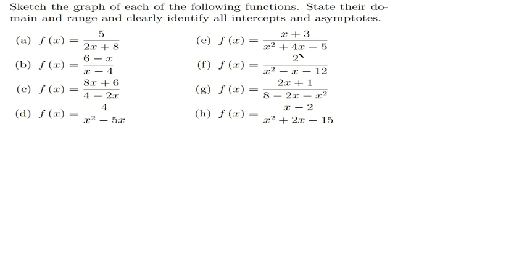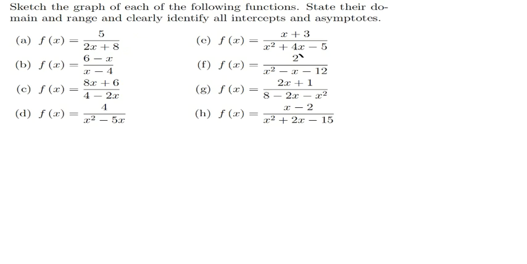Let's start with the first one. If the function is bottom heavy, what do we mean by bottom heavy? The degree of x down here is greater than the degree of x on top here. On top I don't have x. Initially I have x, but it's x to the power 0.